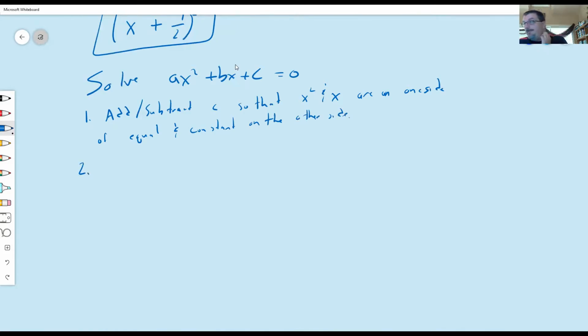Step 2. If a is not equal to 1, divide everything by a.